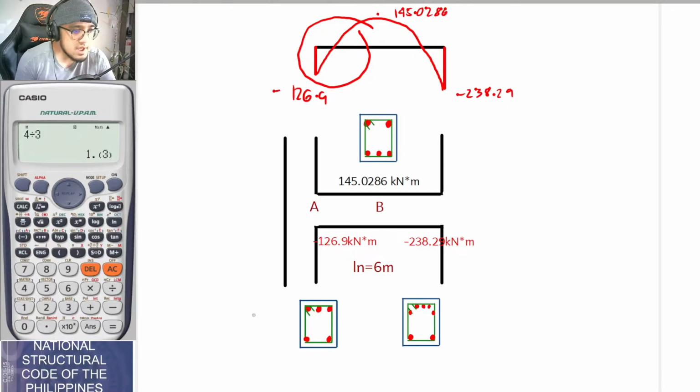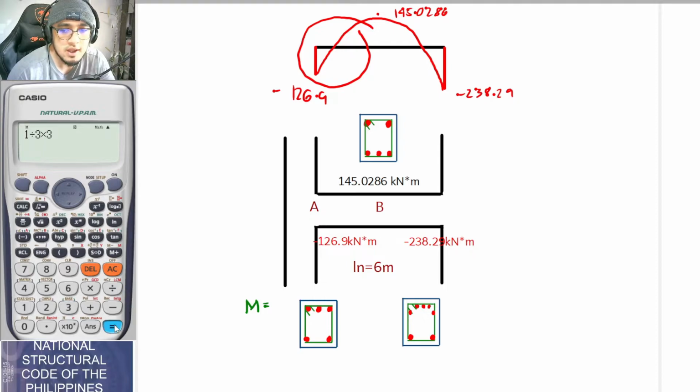So for your bars M, this is to be 1/3 of the area. And 1/3 of, how many rebars do we have here? This is to be 3.